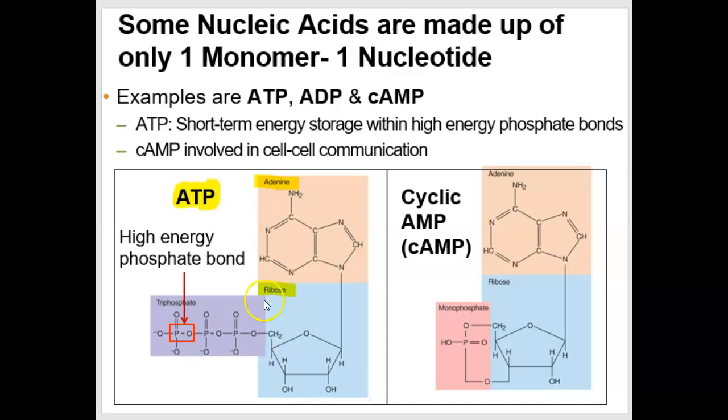And the reason it's such a good energy storage molecule is due to the fact that the bonds between the first and the second, and particularly between the second and third phosphate, are very high energy. It can be broken pretty easily and quickly, and it releases a lot of energy.